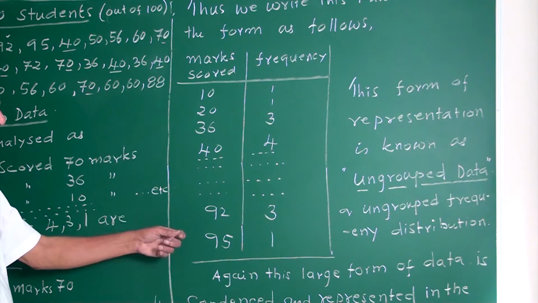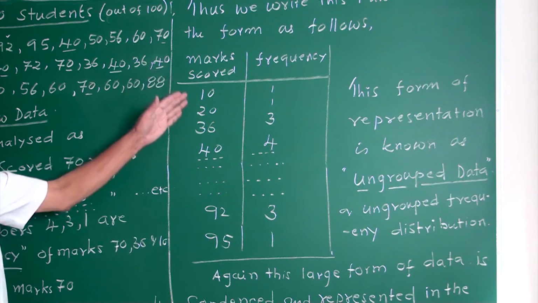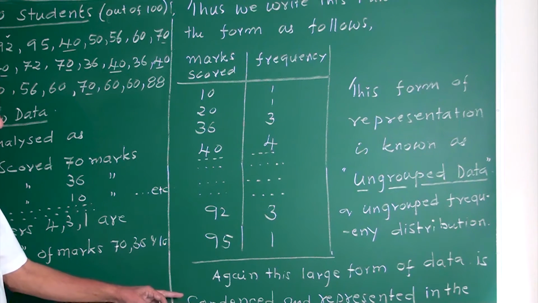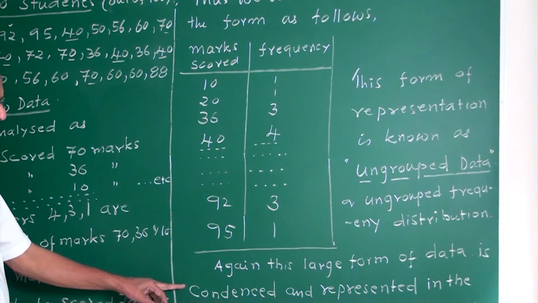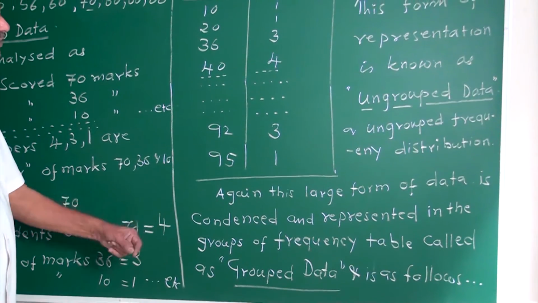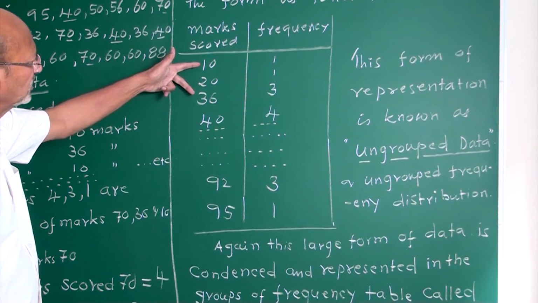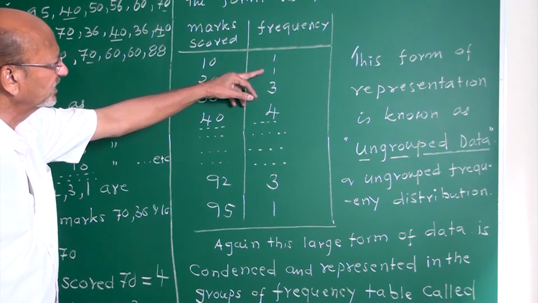Again, my friends, this form of ungrouped data can be still condensed and represented in groups. Here I have written individual marks. If you take groups, 10 to 20, you directly write 2.